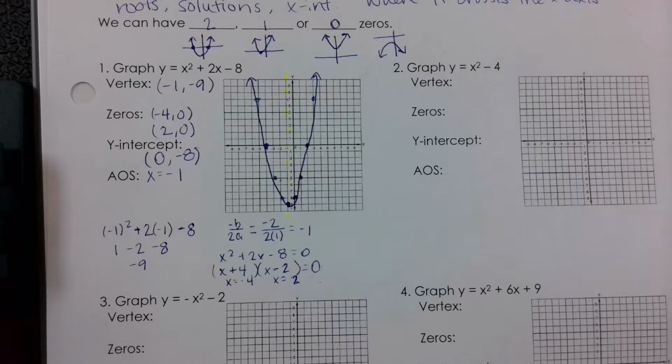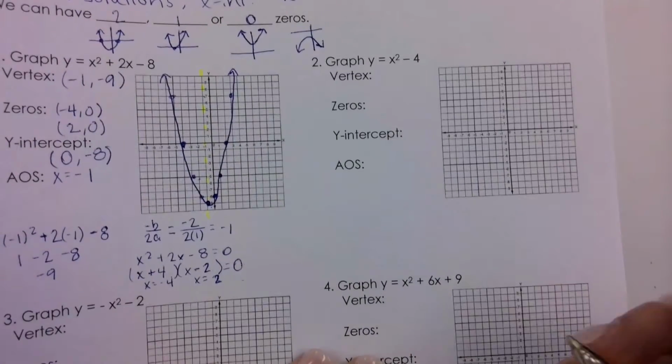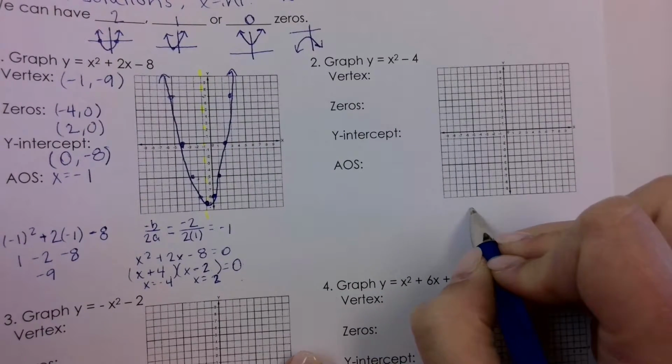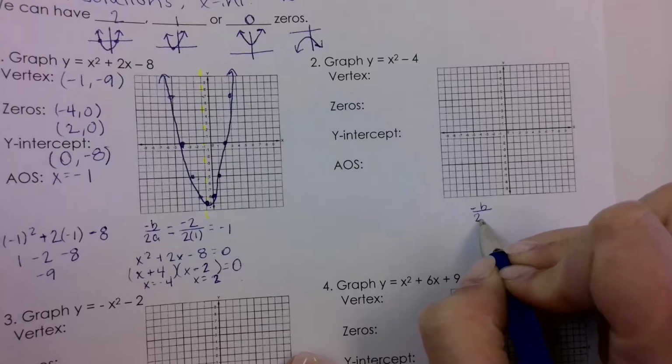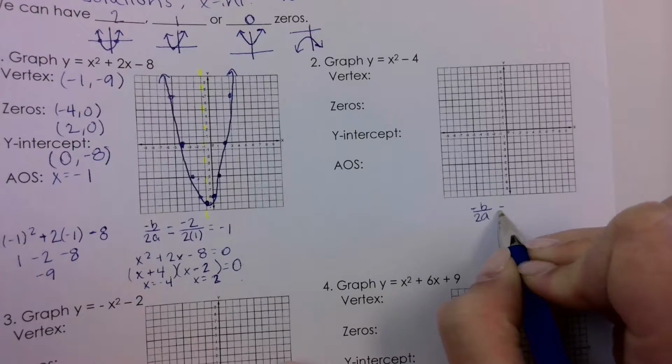Yes, no, maybe. Okay. So we're gonna go do the same thing. On the next one, we're only gonna find the vertex and axis of symmetry by hand. We'll do the rest in the calculator. Does that sound okay? Yeah. All right. So to find your vertex and your axis of symmetry, what little formula do you use? Negative b over 2a. So what is our b value? 0.